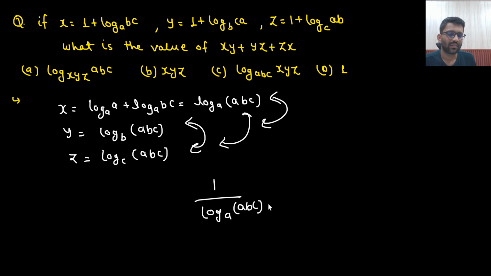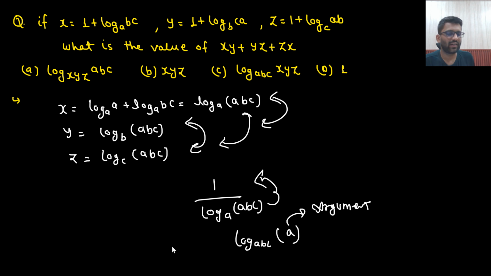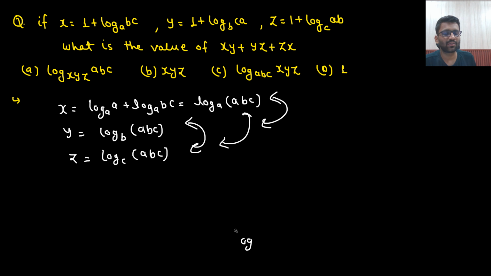I need something like 1 by log so that the argument goes upward and the base becomes abc, and the argument becomes a. In the argument I need a, and in the base I need abc. This is my target: to somehow make 1 by x, 1 by y, and 1 by z. And in the options also I see x, y, z is something related.